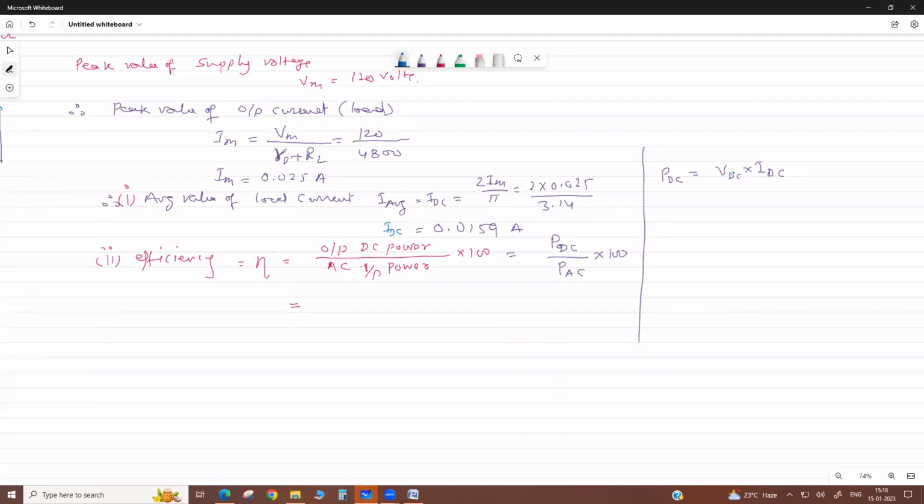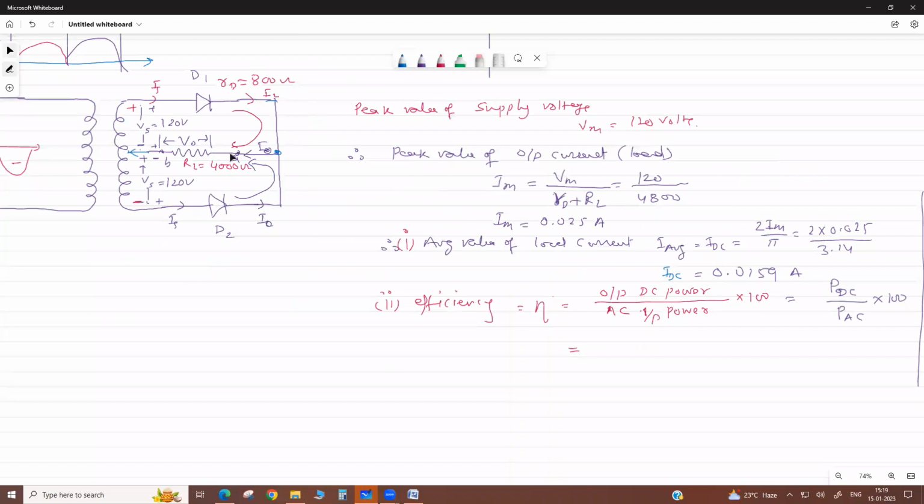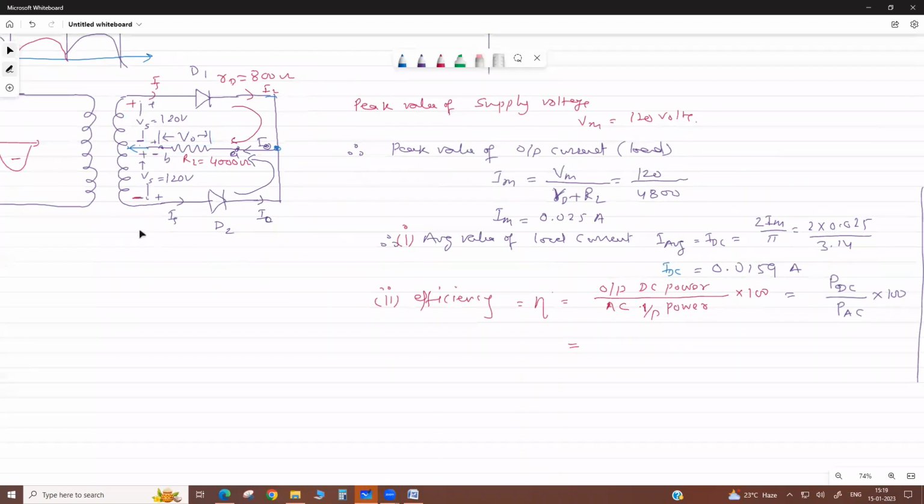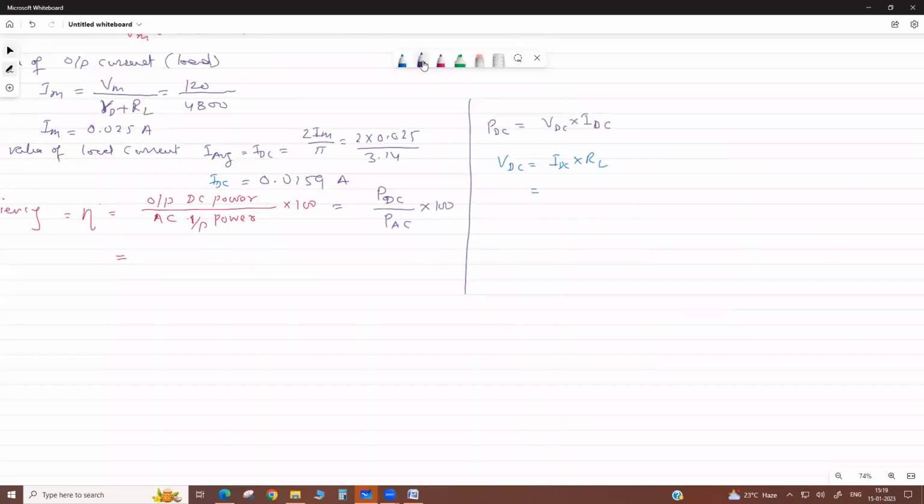Now we want voltage, so VDC we calculate. VDC equals IDC into RL, correct? Load resistance. If you know the average current, then this load voltage we can calculate. My dear, this current is the average current.